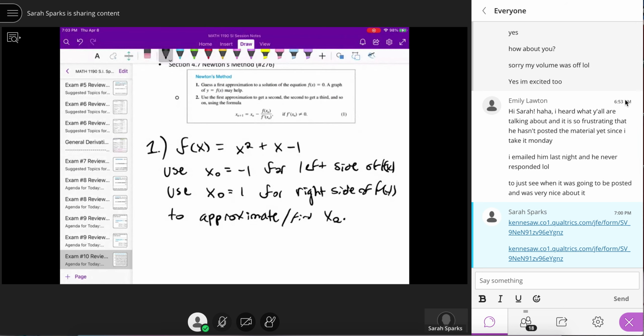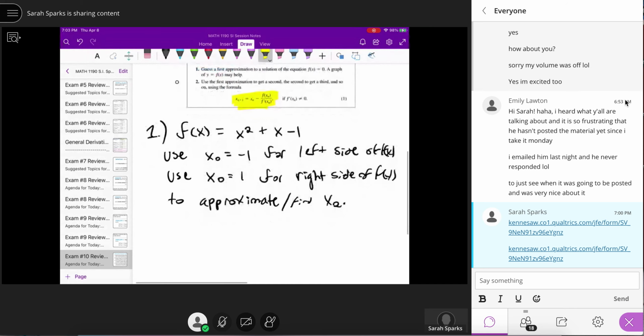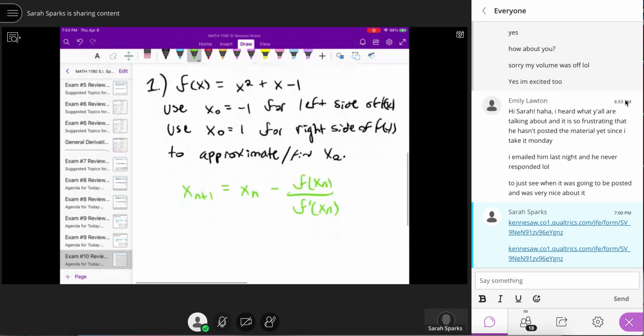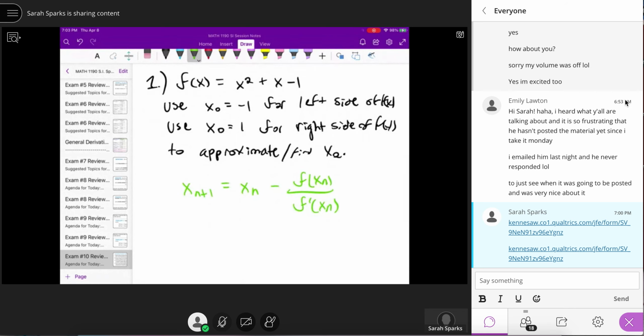We're working on the first problem of Newton's method, and we're about to talk about a really important formula that you will have to know on this exam. So we're given this formula: x sub n plus 1 is equal to x sub n minus f of x sub n over f prime of x sub n. It looks kind of nasty with all those n's, but it'll look a ton better when we substitute a value in for n.